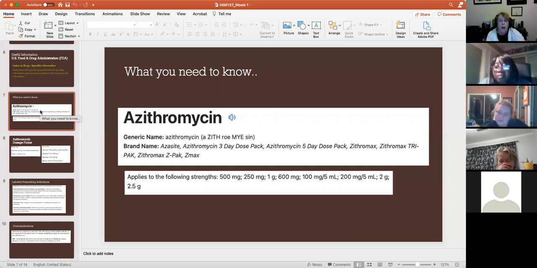Okay. You also see here that you will get information on the following strengths. These are the strengths that the medication is produced and provided in. So you can see here you have 500 milligrams, 250 milligrams. That's probably going to be a tablet.